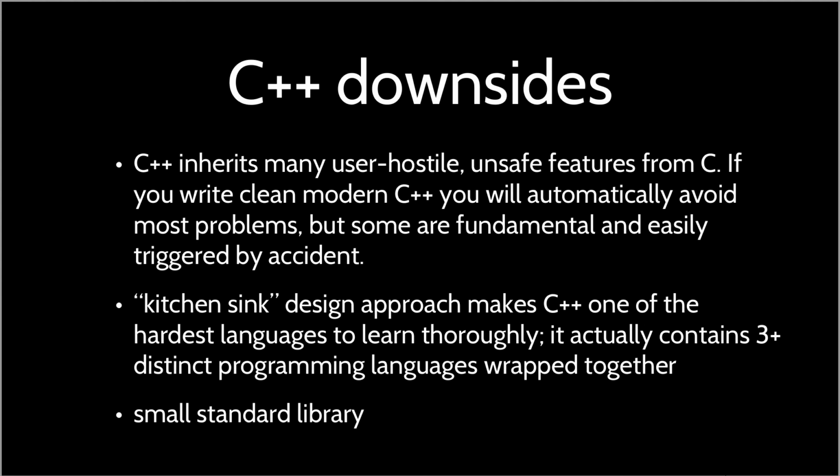And there's, in a sense, 3 or 3.5 distinct programming languages wrapped together inside C++. There is the C programming language preprocessor, which is used mostly to help with building C++ programs.